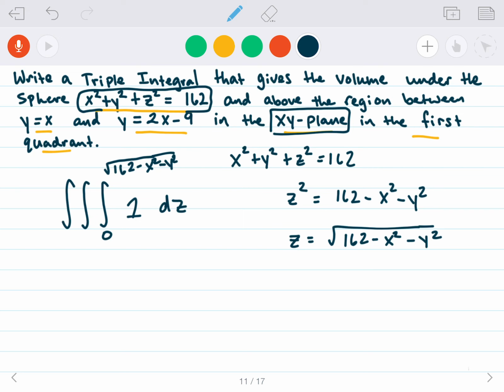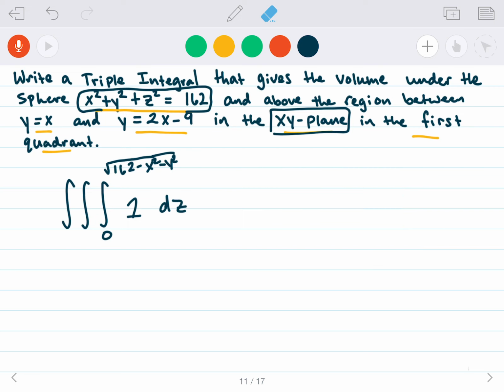Well, let's go ahead and sketch what our region looks like. We're being told that the region is between y equals x, so let me sketch this little region here. We got x here, we got y here, and y equals x is just a line through the origin with slope 1.